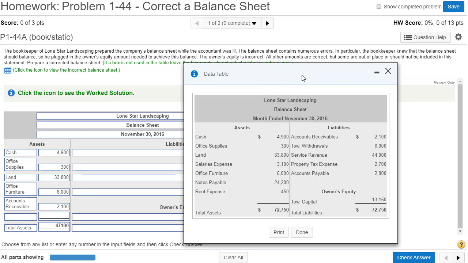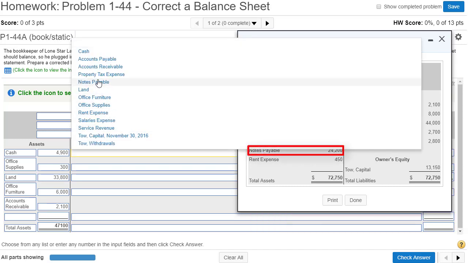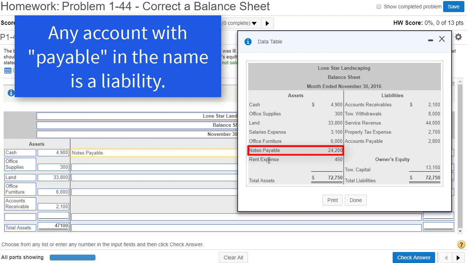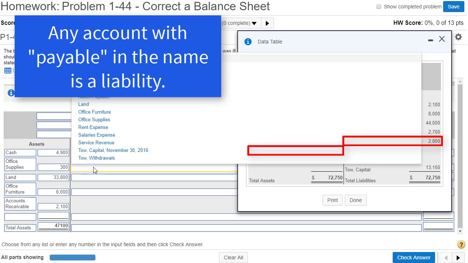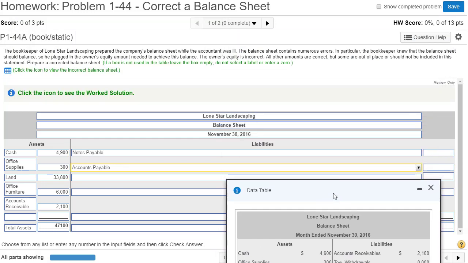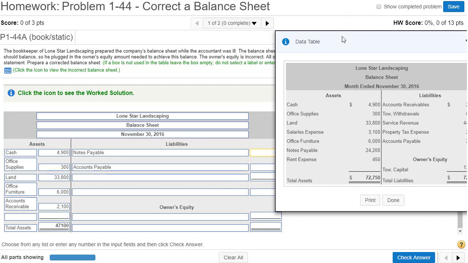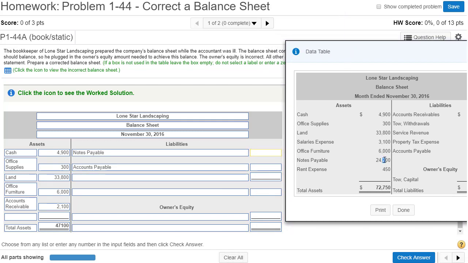So now let's go to liabilities. Starting from here, let's see if we have any payables. I see notes payable. I'll fill in the numbers later. Look for more payables. And we've got accounts payable. Any account with the word payable in it is a liability. So now I've got to fill in those numbers. So notes payable, 24,200.